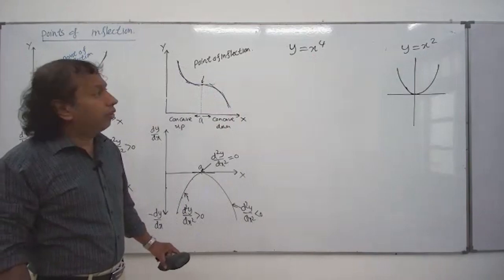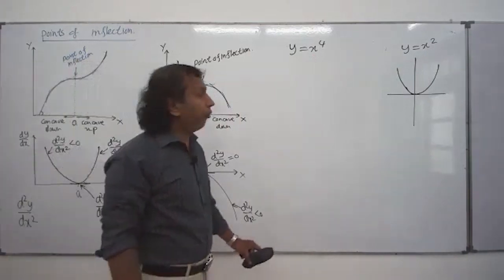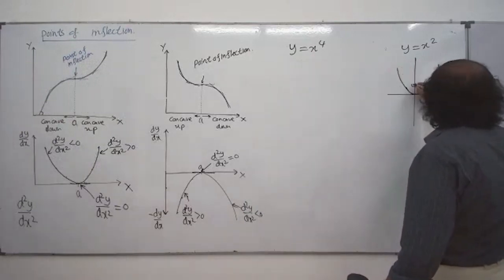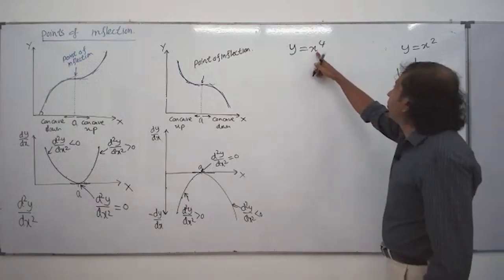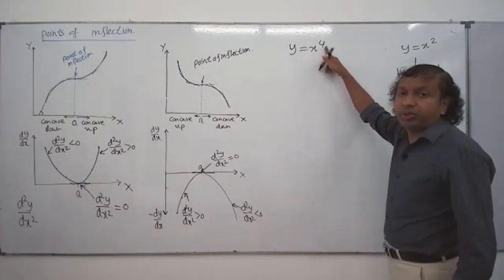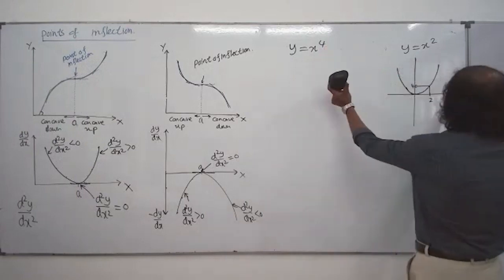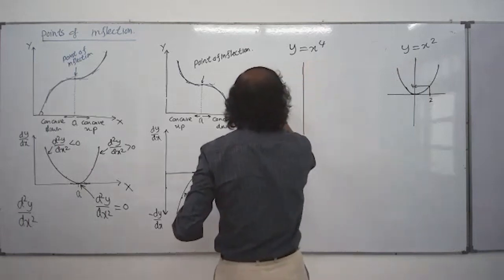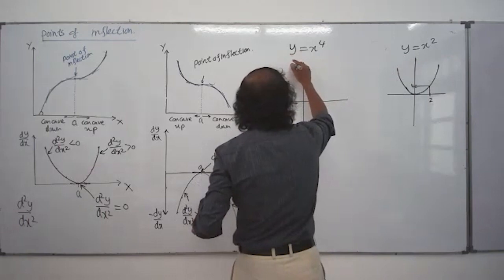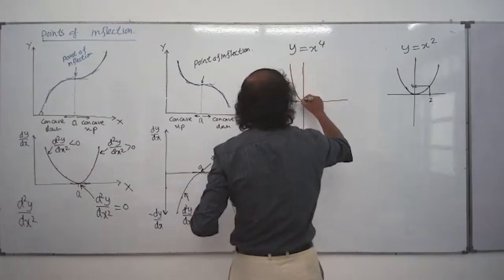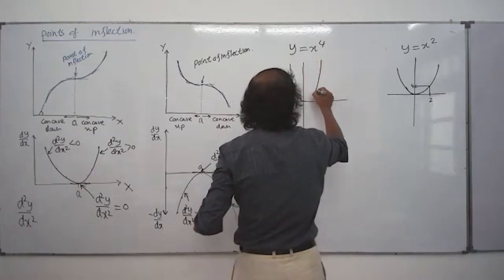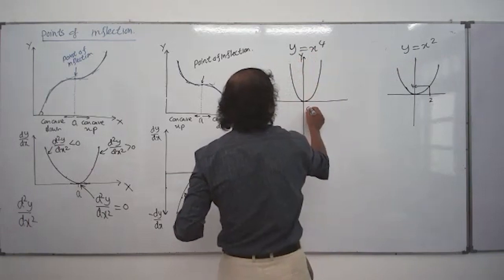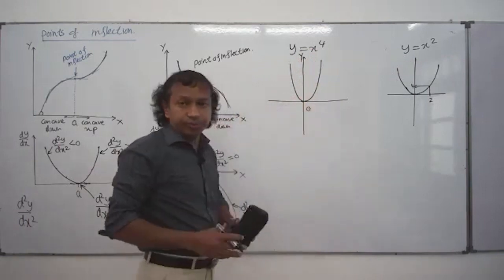Only now, when x equals 2, y is 16, not 4, so the two branches come closer. The graph has a minimum at x equals 0.